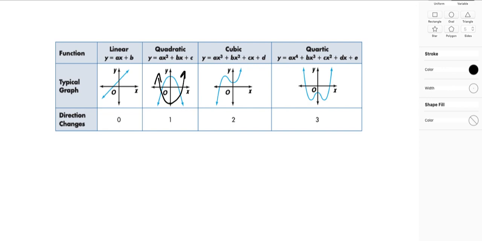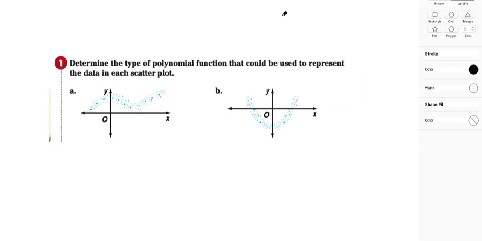organize our information. So when you have a situation like this, if you're given data and the data points seem to fall in a particular way, mathematicians like to use that information for predictions. We've done that with linear equations in pretty much every class, Algebra 1, Algebra 2, even pre-calculus.